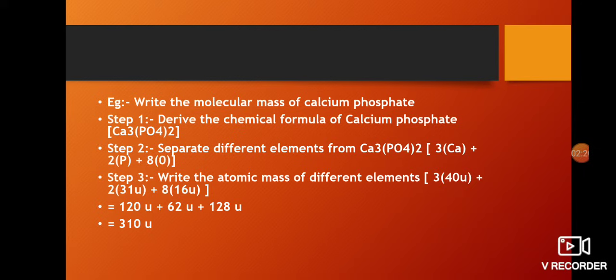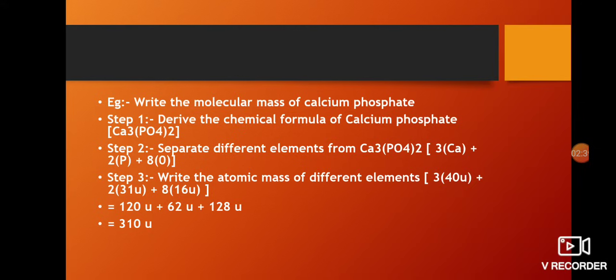Calcium symbol is Ca and phosphate is PO4, and with their valencies crisscrossing we get the formula Ca3(PO4)2.